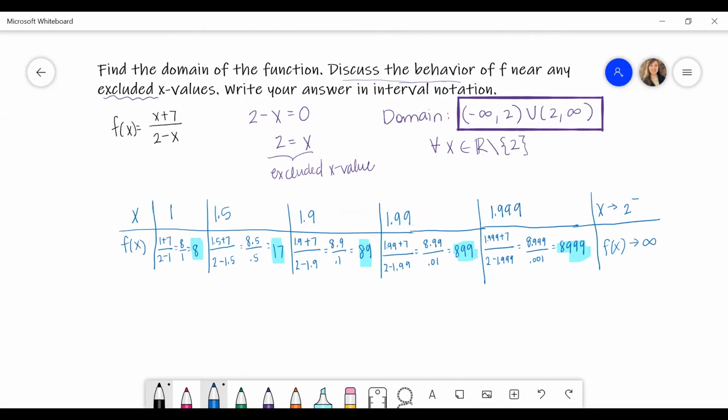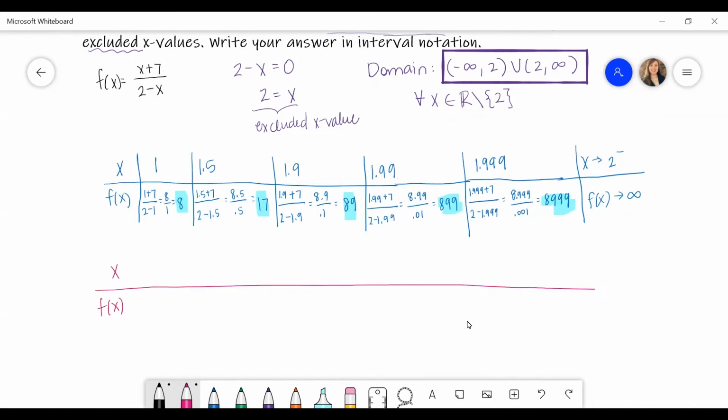And this is something we should be able to predict. If it really is a vertical asymptote, if it really is a value that's removed from our domain here, then I should be expecting infinity or negative infinity on the other end of this. So again, here we have x values approaching 2 from the right. What happens to f of x? And we'll plug in maybe 2.001.